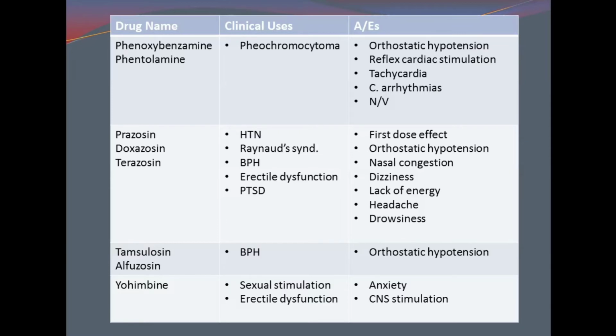The selective alpha-1 blockers are prazosin, doxazosin and terazosin. These drugs bind with alpha-1A and alpha-1B receptors and show activity on vasculature as well as on the prostate gland. That's why these drugs are used in hypertension, Raynaud's syndrome, benign prostate hypertrophy, erectile dysfunction, and post-traumatic stress disorder.